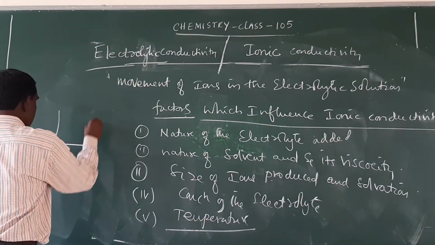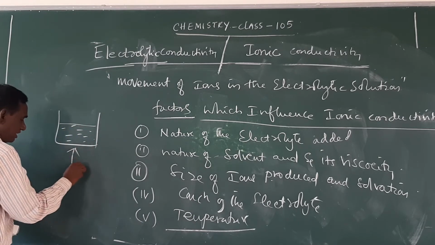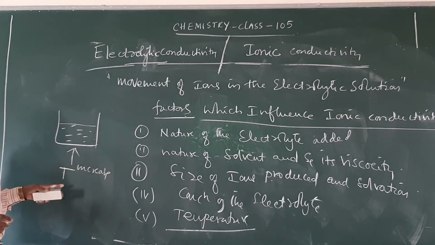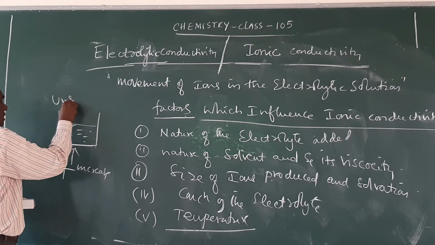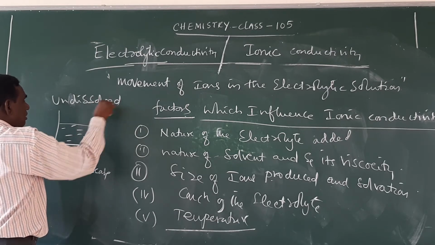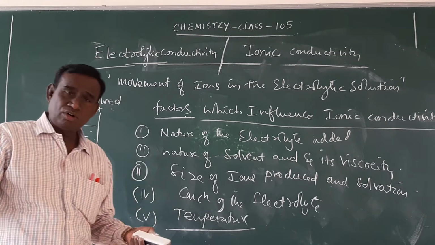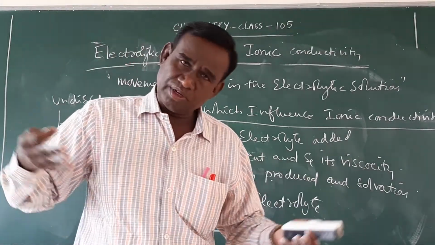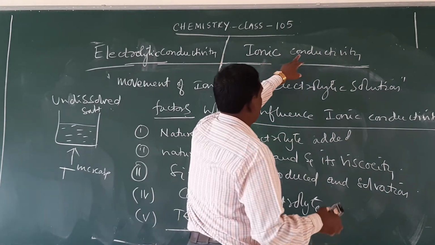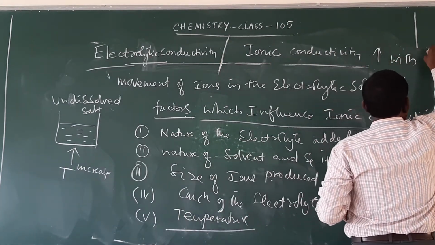Remember, in the electrolyte solution, as the temperature increases, undissolved salt or solute dissolves. Therefore, more number of ions will be produced. Movement of ions leads to high conductivity. So ionic conductivity increases with temperature.